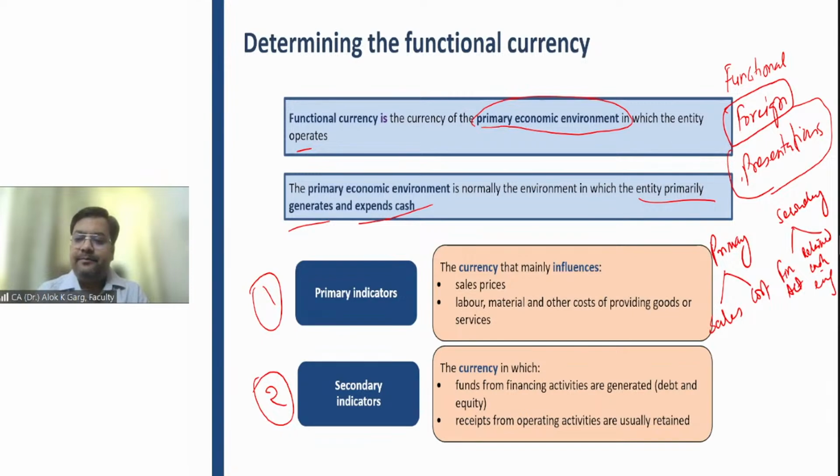And these are the currency in which the financing activities are generated, the currency in which the entity is raising its equity share capital, raising its debt, okay, and the currency in which the receipts from operating activities are usually retained. So whatever money comes in, generally it is retained in that, right?